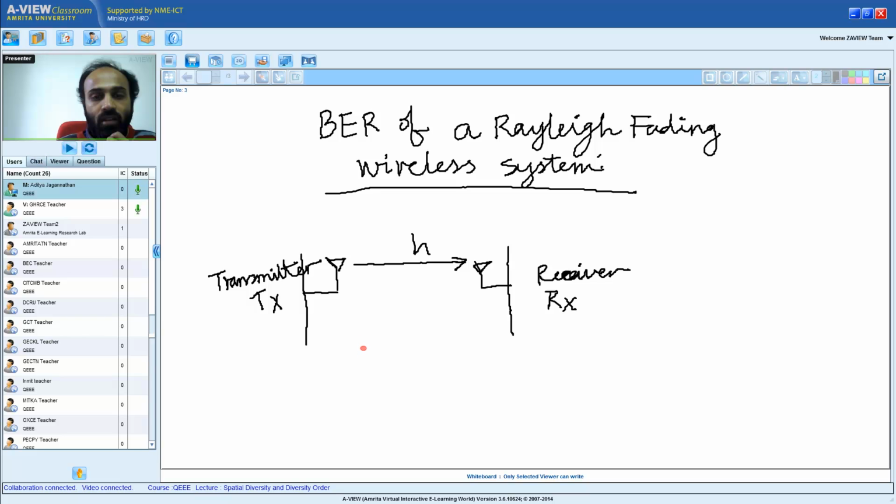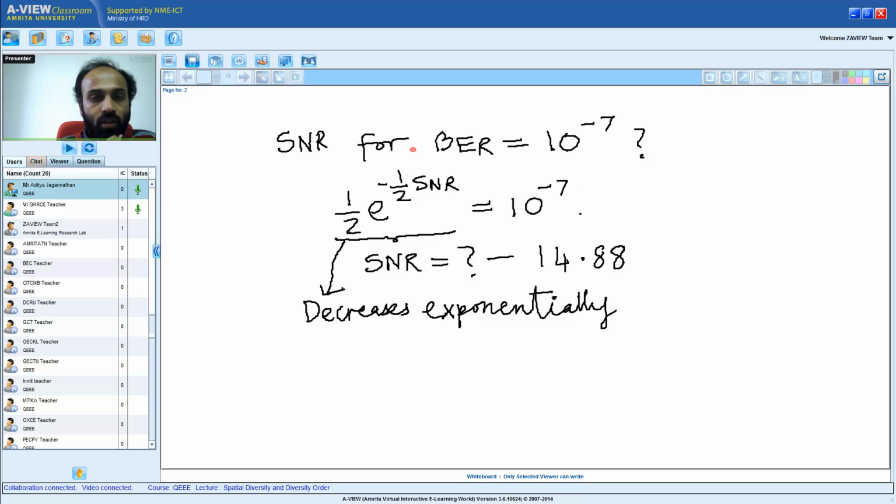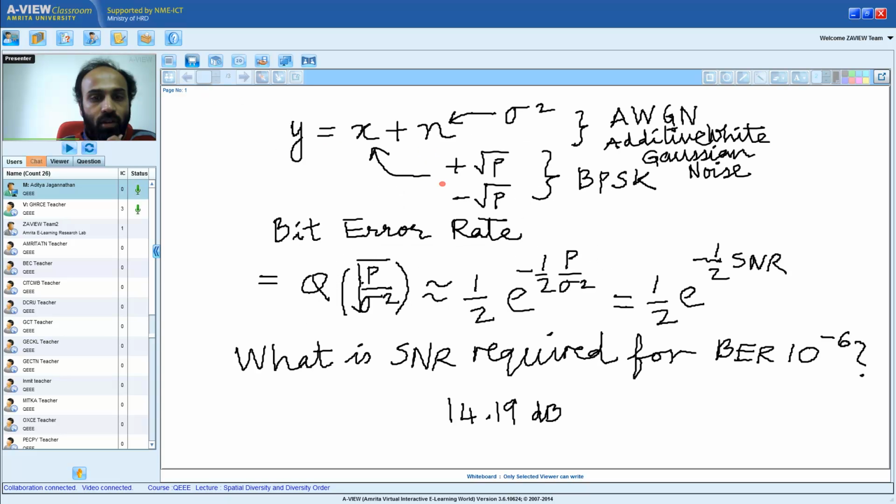I have a wireless communication link with fading channel H. Therefore, my received symbol Y is no longer X plus N, but it is HX plus N.